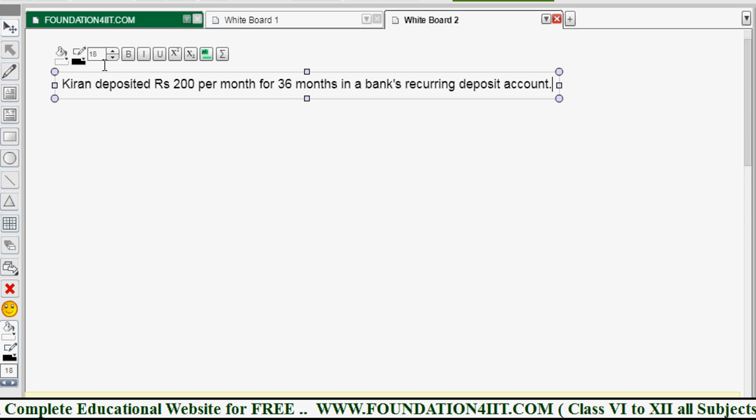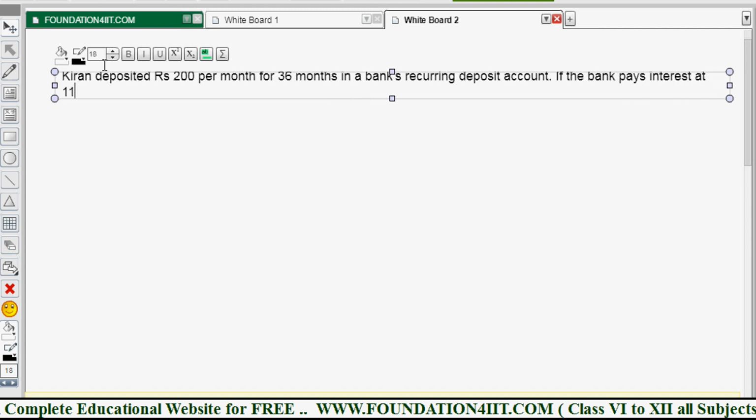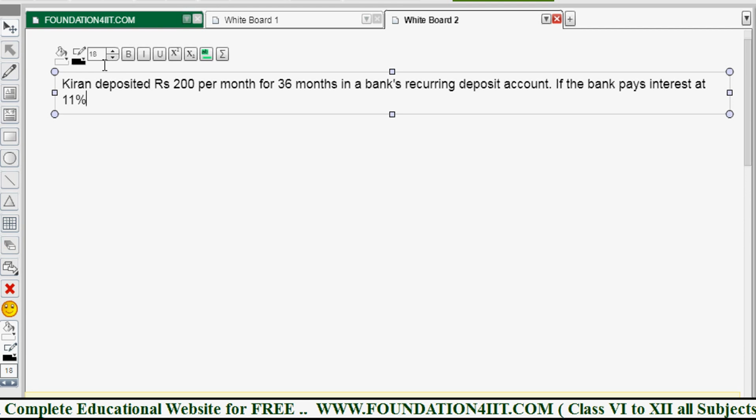And if the bank pays interest at 11% per annum, then find the interest amount he gets.